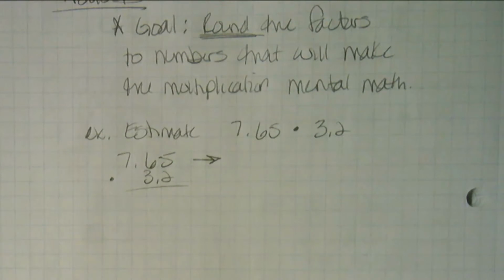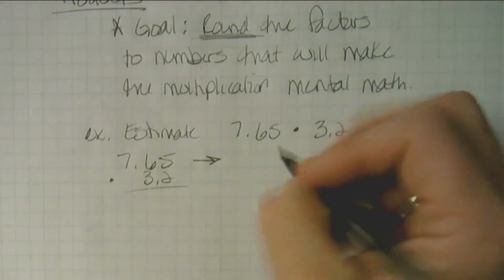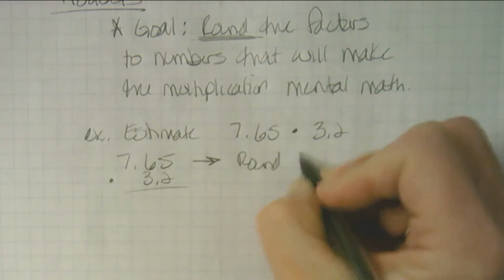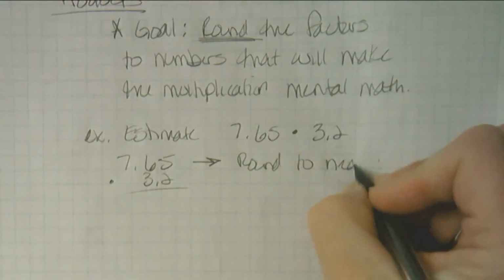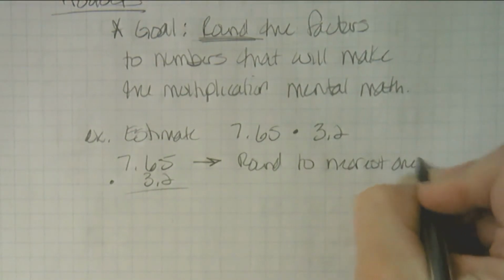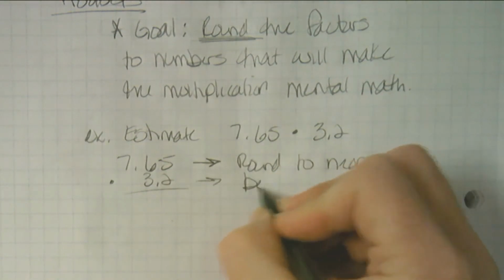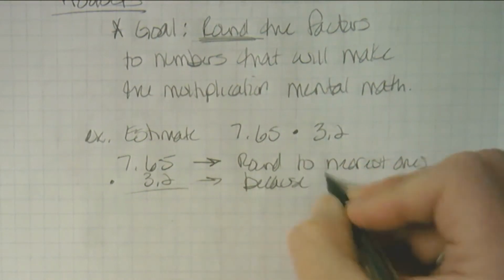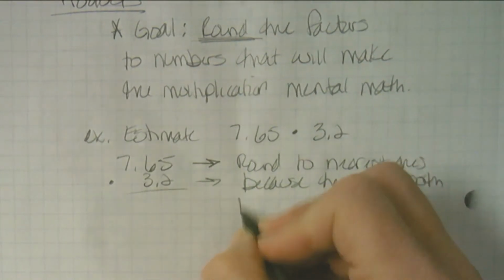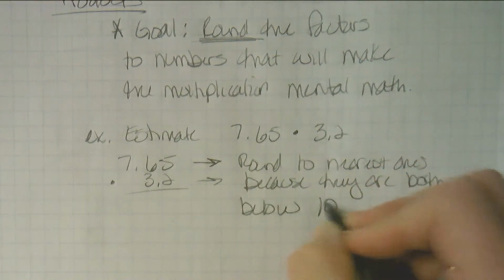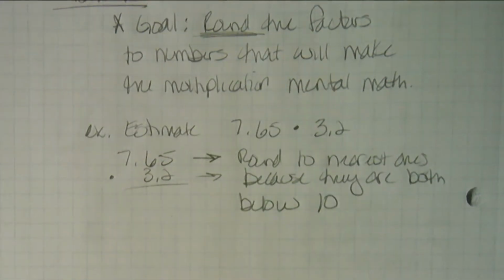I want to round 7.65. What would you round 7.65? We want to round to the nearest ones, both of these, because they are both below 10. So we're rounding to the nearest ones.